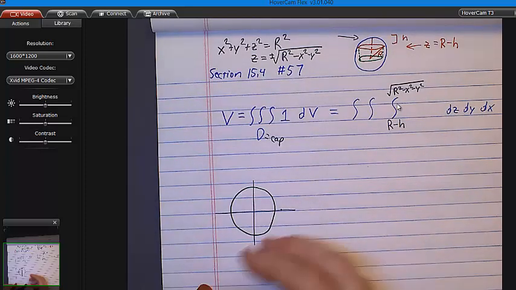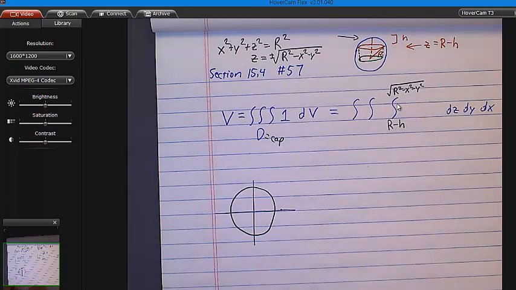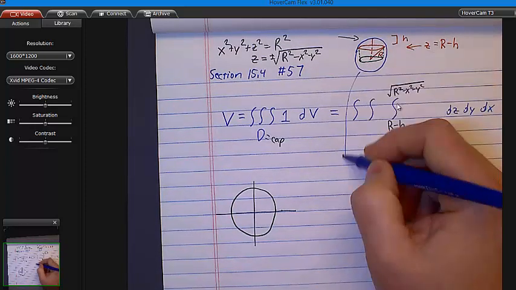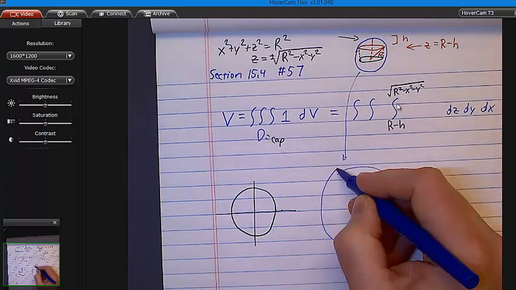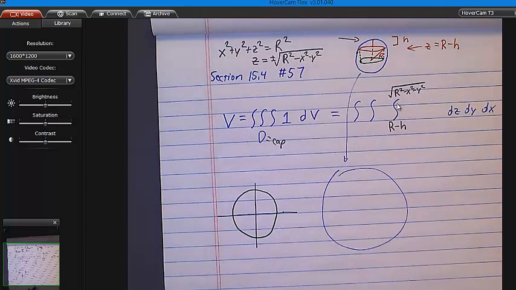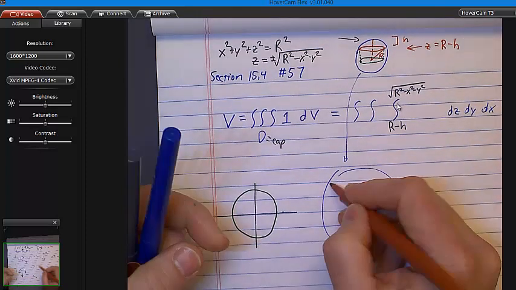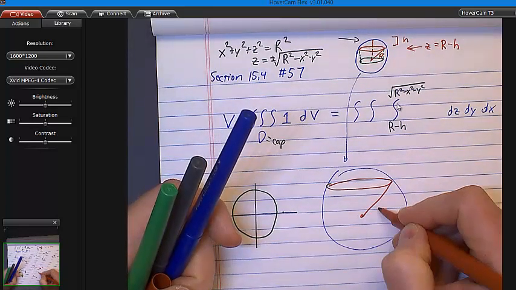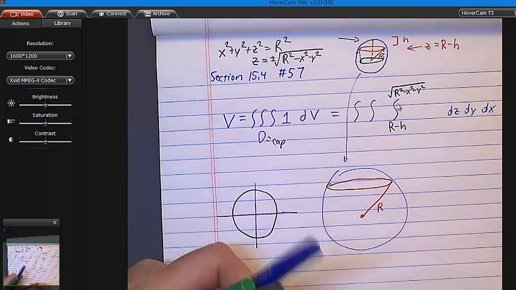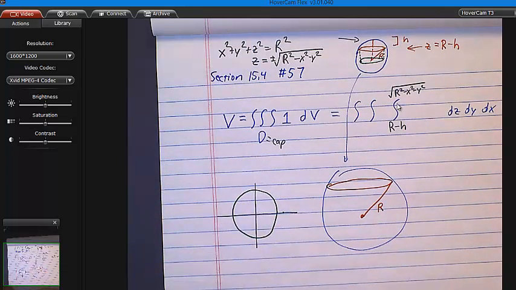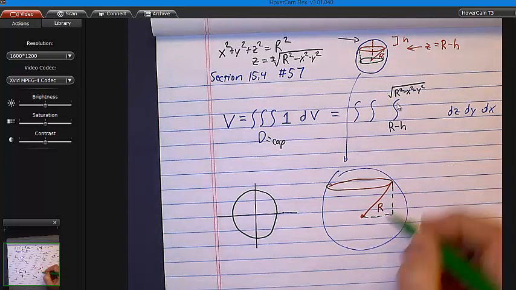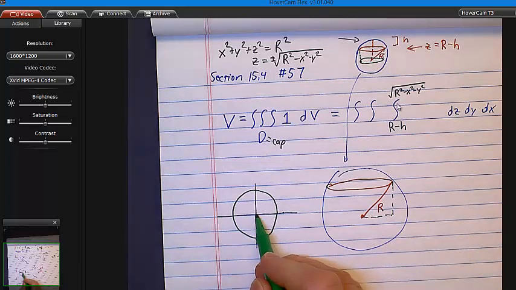So maybe the other thing that's important is to notice another view of the sphere. Let me maybe make it a little bigger. Okay, here is the cap up here. And I drew that this was R. But I need to know what is this distance here?